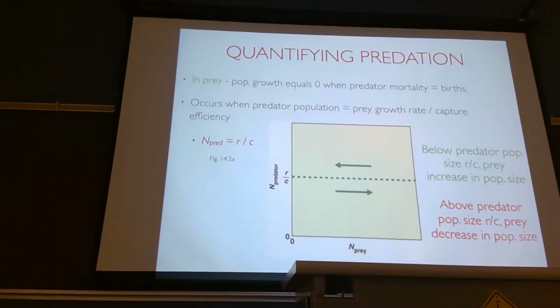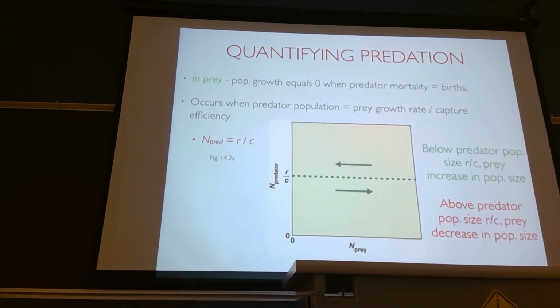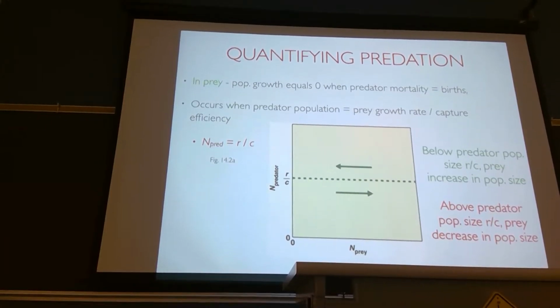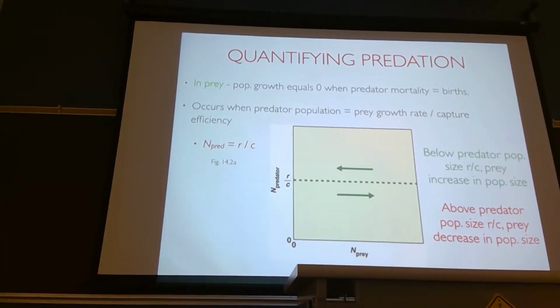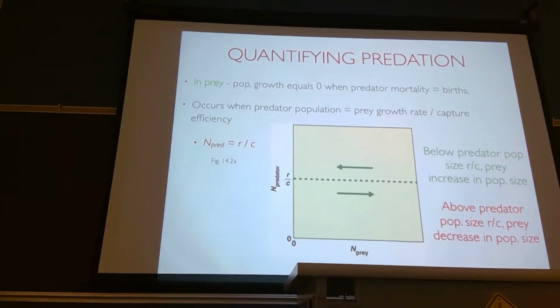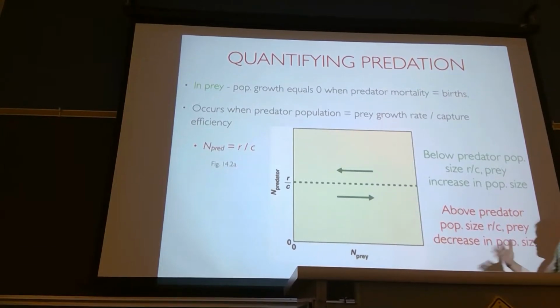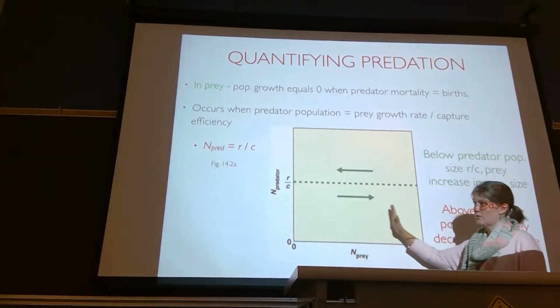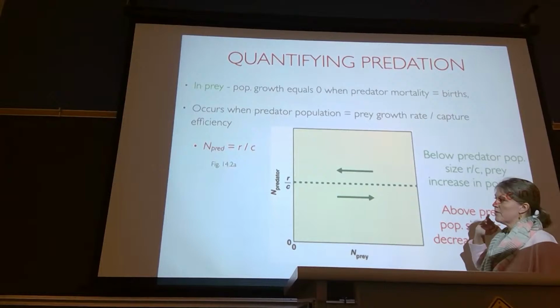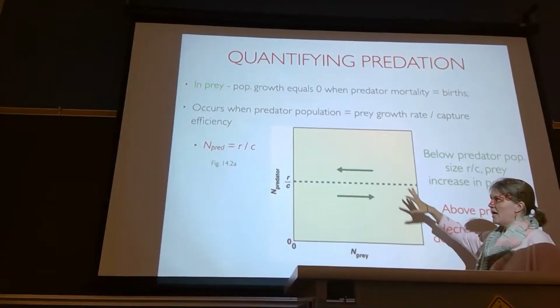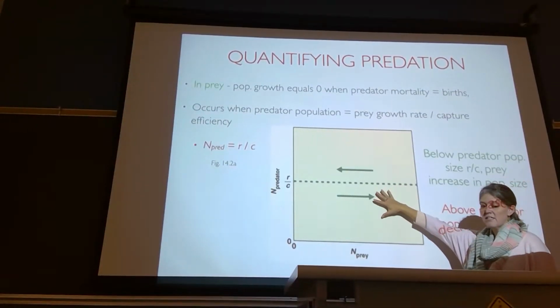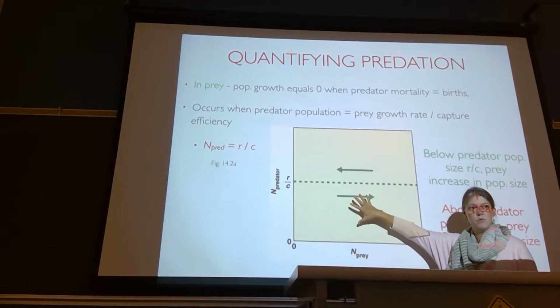We're going to see these zero growth isoclines again, just like we did for our competition interactions. And again, looking from the prey perspective, which is always going to be our green lines here, the prey population can increase as long as they are below a certain point.